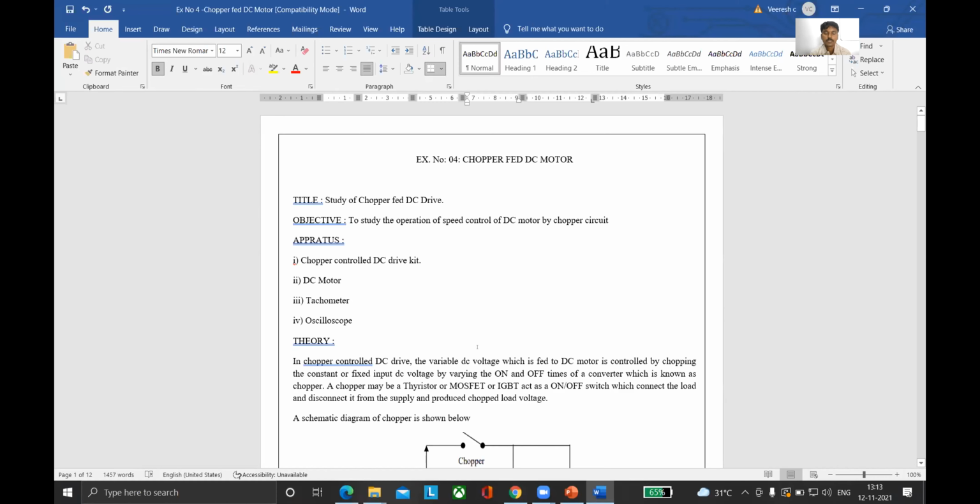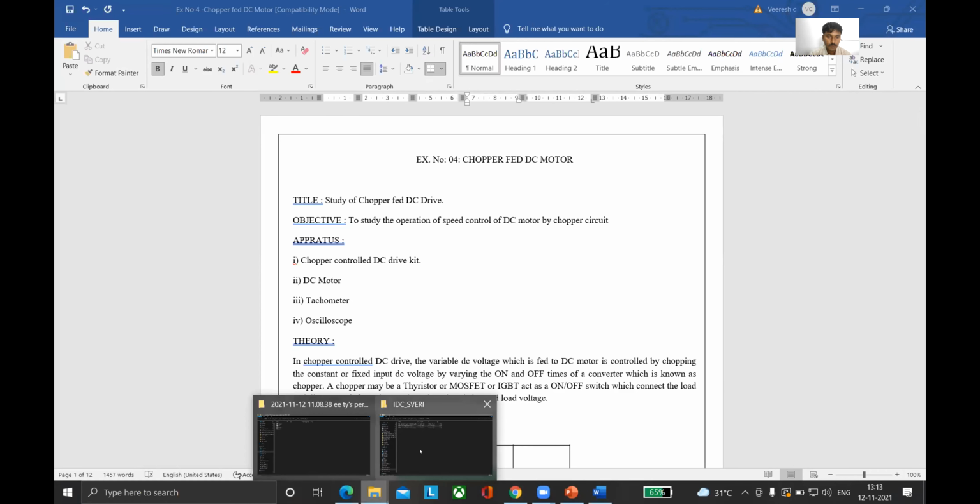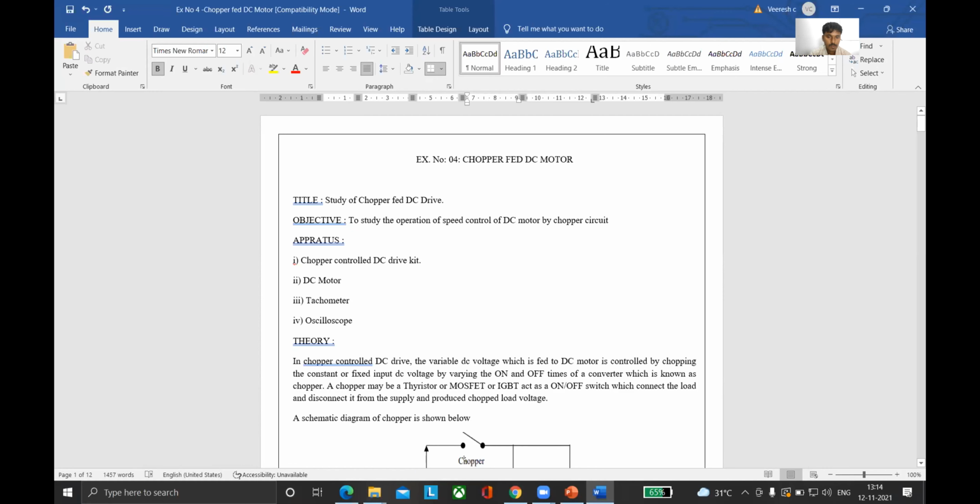Last week, which experiment did we perform? Speed control of DC motor.